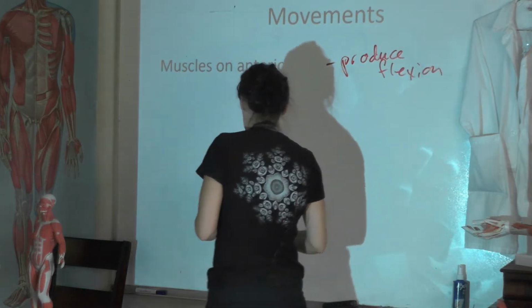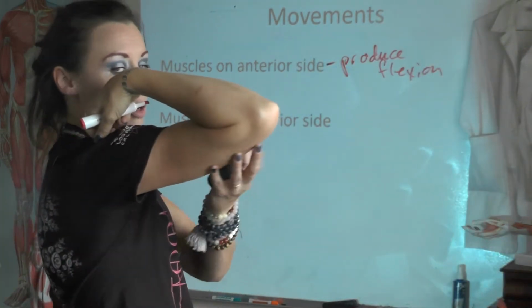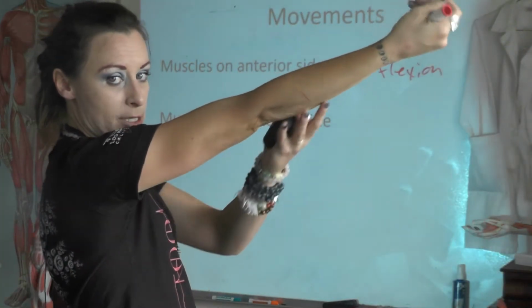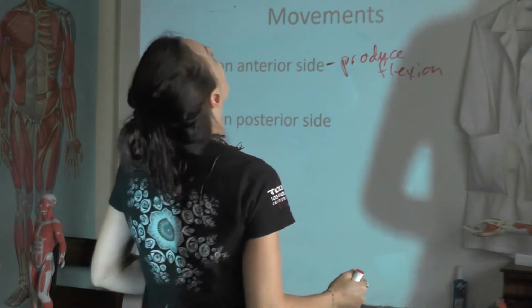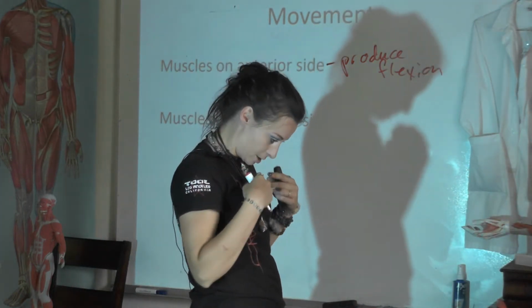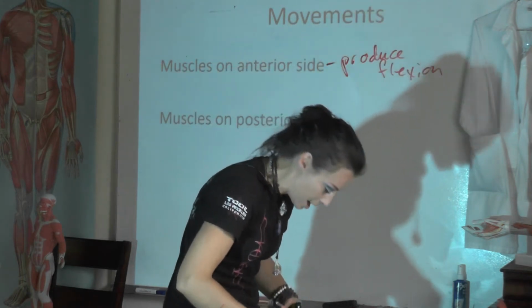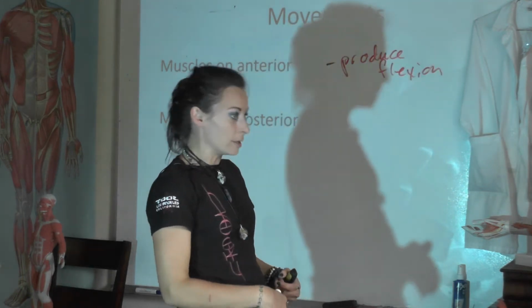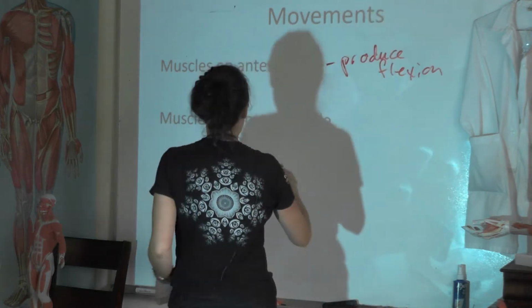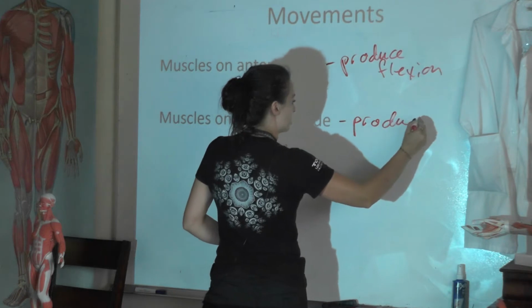Muscles on the posterior side, then, are going to be those that produce extension. Anterior side, flexion. Posterior side, extension.